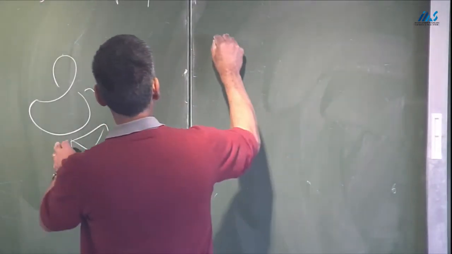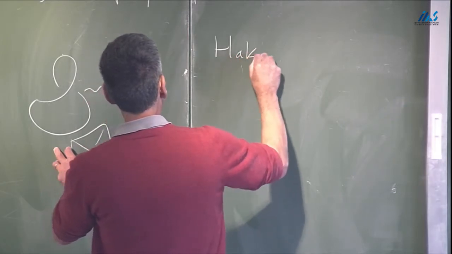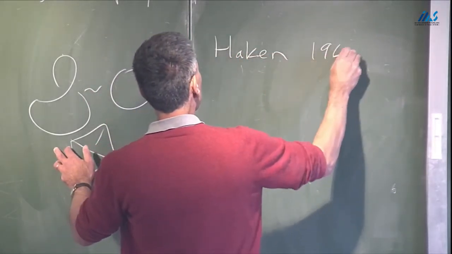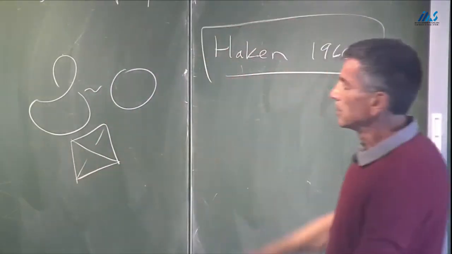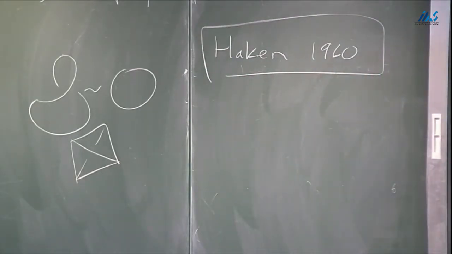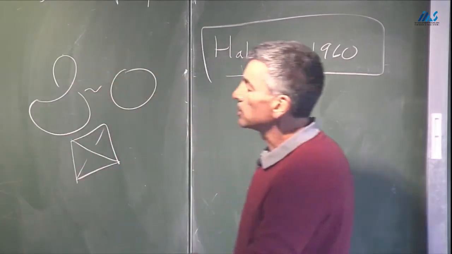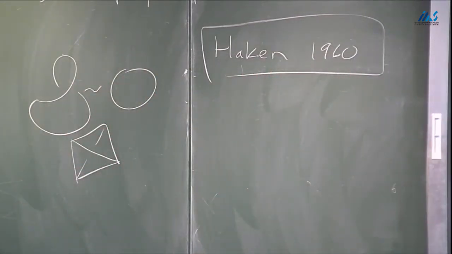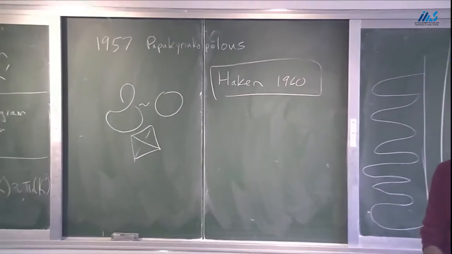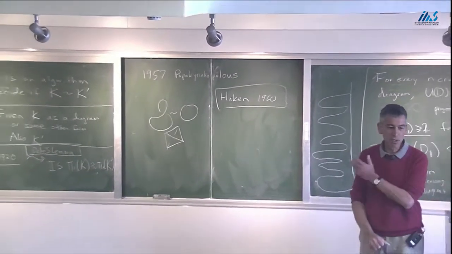I should say the algorithm was given by Haken around 1960. The same Haken who proved the four-color conjecture also was the first one to give an algorithm to show that this is a decidable problem. Yeah, that's true. Later people found some gaps and filled them in.